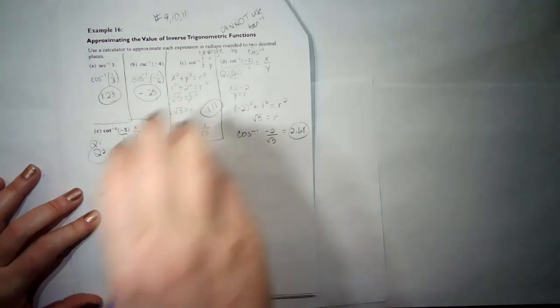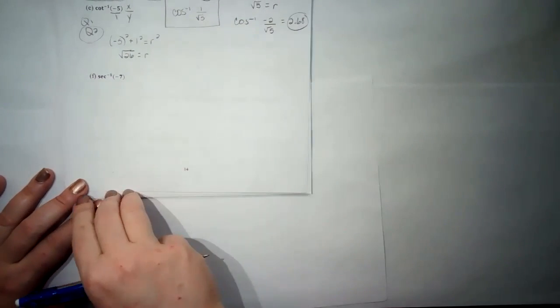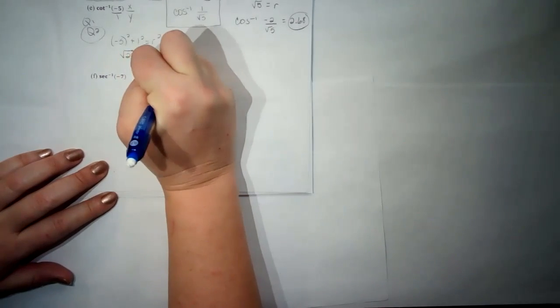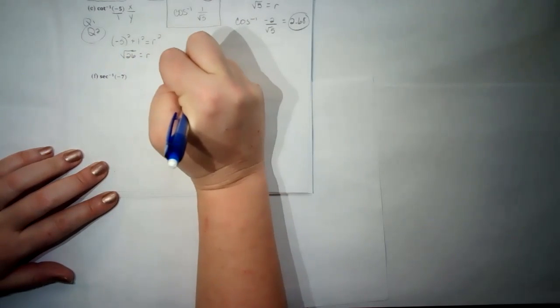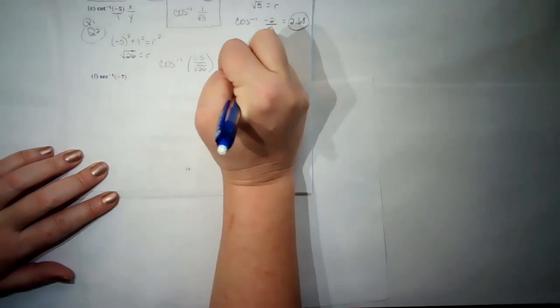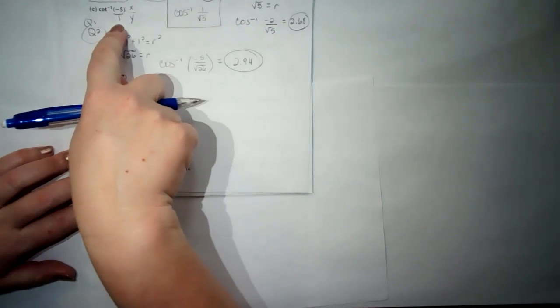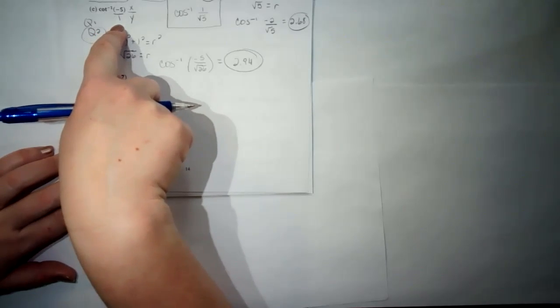That looks like something that really ought to be able to be reduced, but it can't. It's just root of 26. Then I'm going to put in inverse cosine. My x is -5. My r is root of 26. If I put that in the calculator, I get 2.94. So again, that's one that would definitely mess up because we're negative, right?